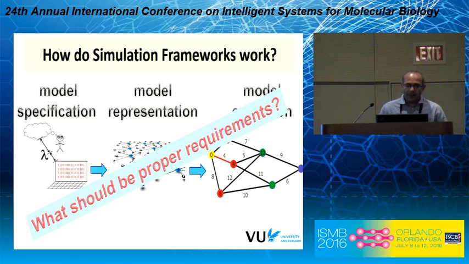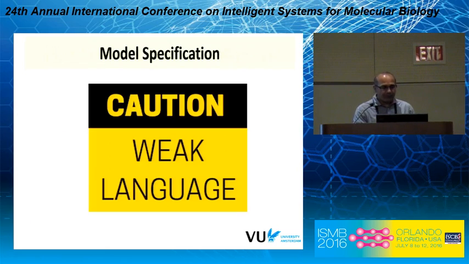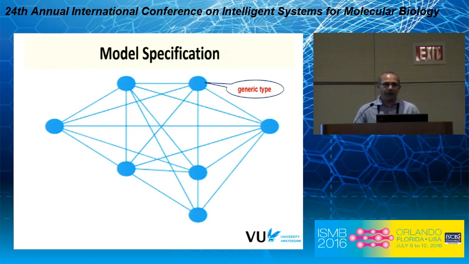Let's see what the proper requirements should be with respect to these three characteristics for a simulation framework. Regarding model specification, it is not desirable to have a weak typed language. Why? Because in this way, the nodes of the network representation of the models specified in these weak typed languages are of very generic types.